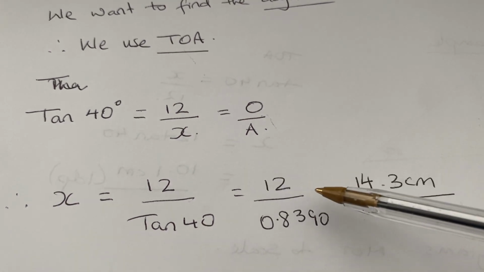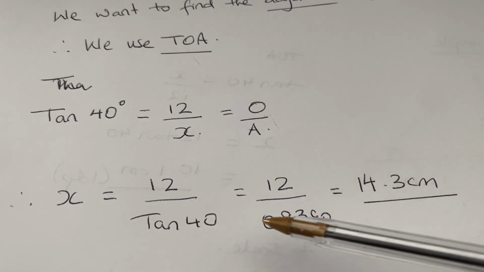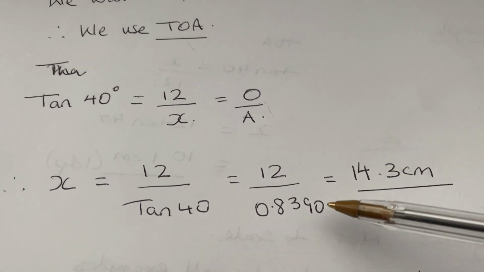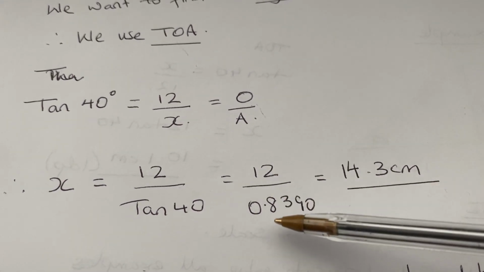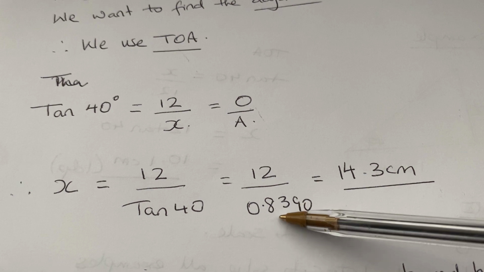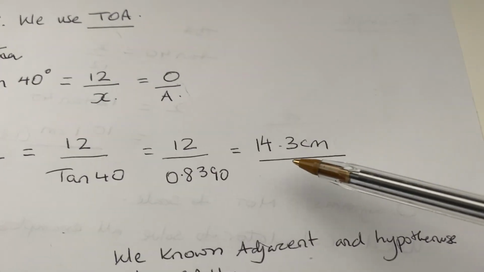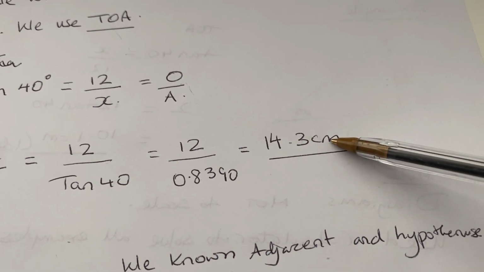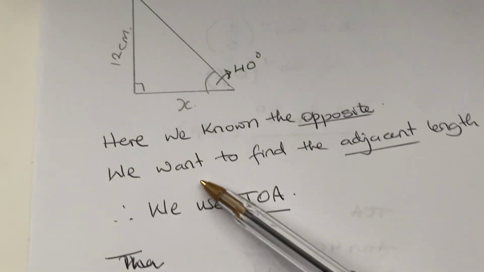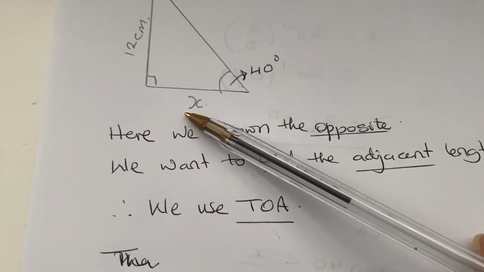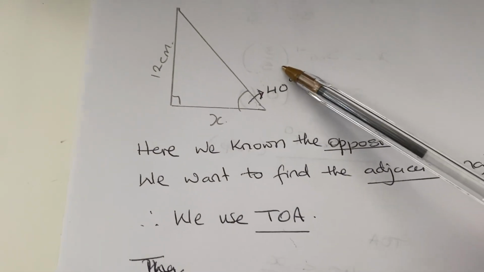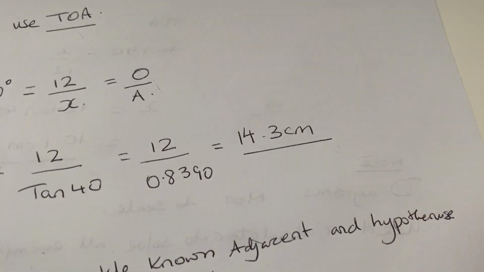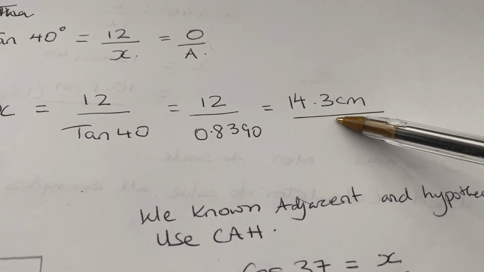Tan 40 is 0.8390 on the calculator. So 12 divided by 0.8390 will give us 14.3 centimeters. The unit is in centimeters. So remember, this is not to scale. My answer is also in centimeters.